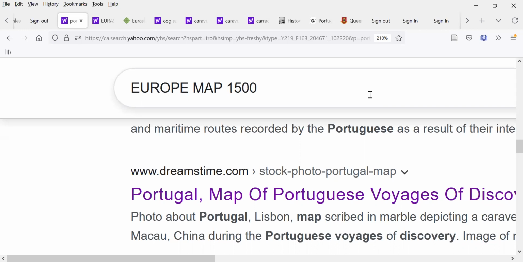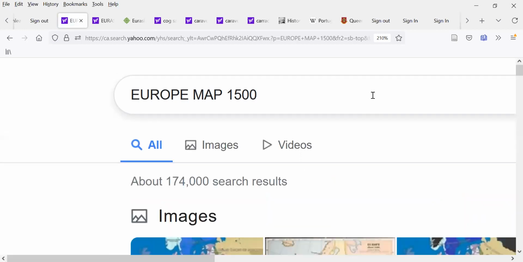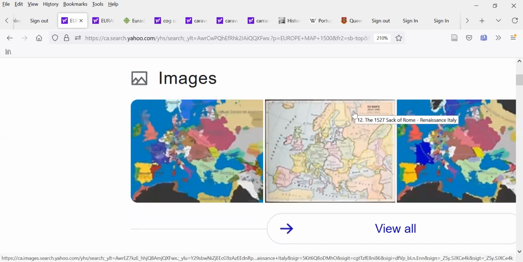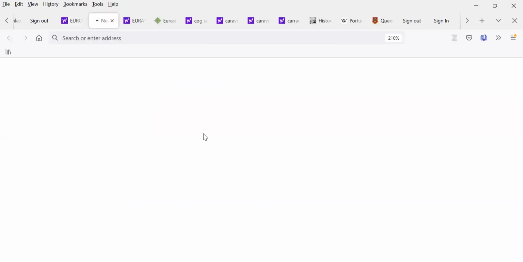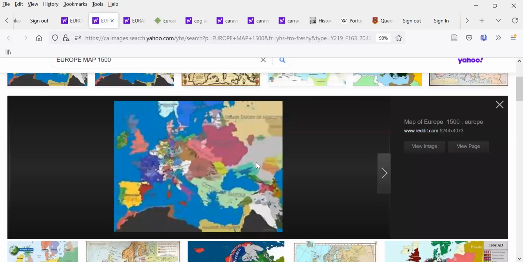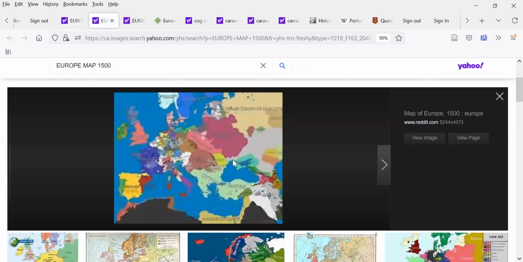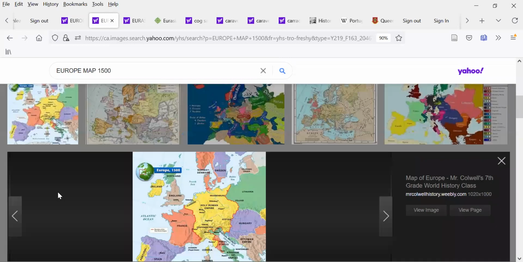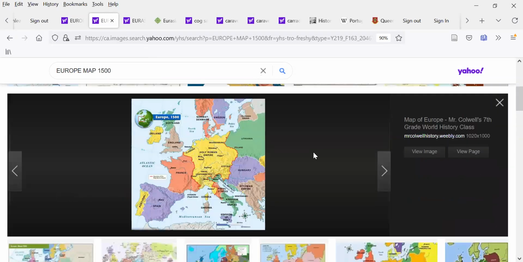I'm trying to give you basically a geographic introduction to the subject. And so let's look at this map. It's not that great. This is probably better. Yes, clearer.